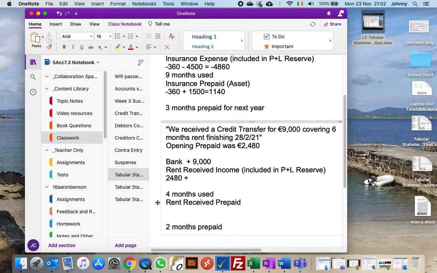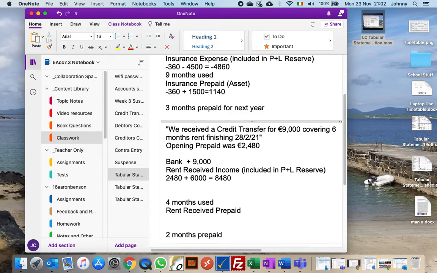Oh, that's 4 months now of the check. Okay, so the check is 9,000 divided by 6 means 1,500 a month. So 4 months is going to be 6,000. Of the 9,000, 6,000 is going to be used up this year. So that means 8,480 is the amount of the income. It's going to be a plus in the profit and loss reserve.